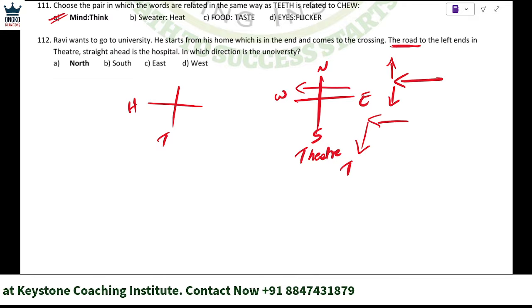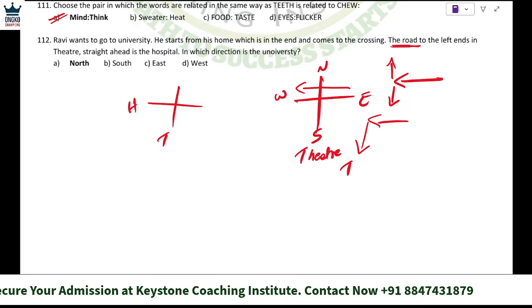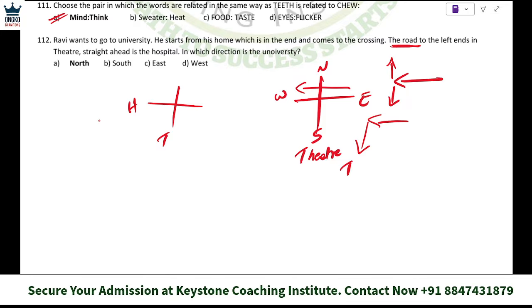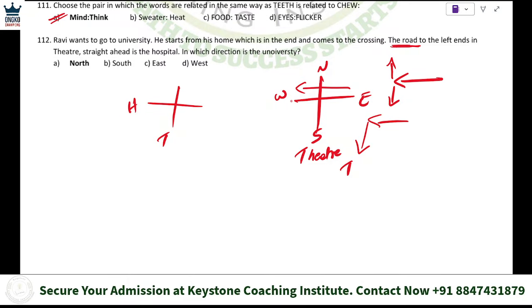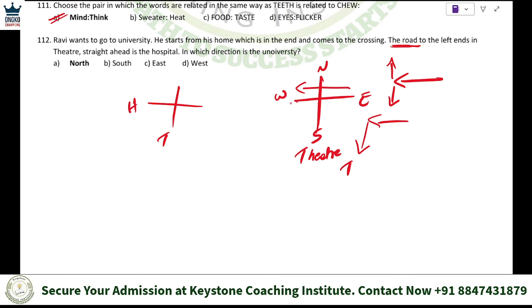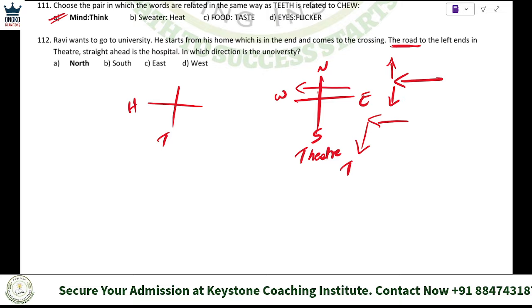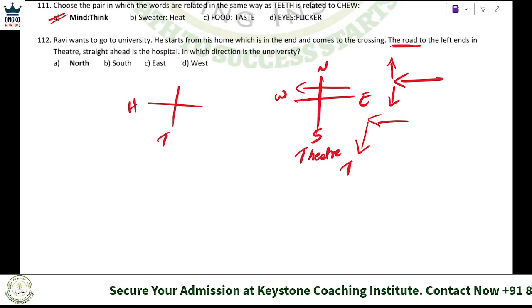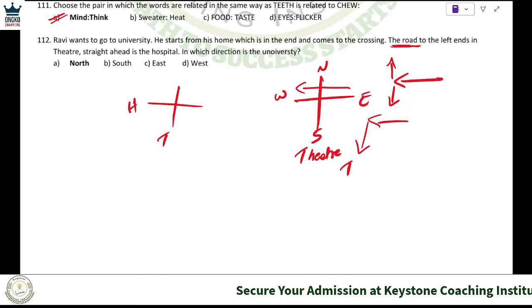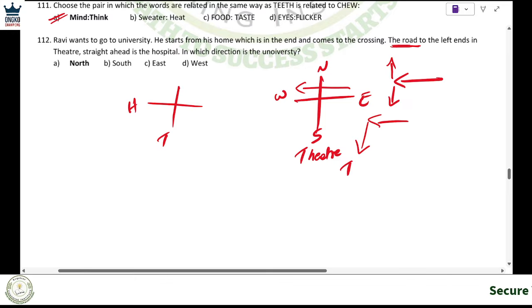So here the road to the right would be north, or no? And the road behind him would be what? East or no?